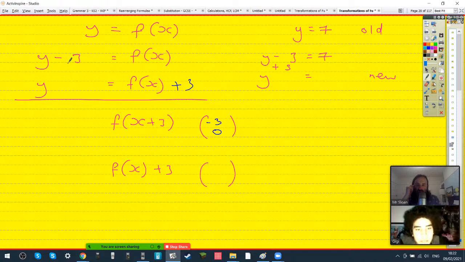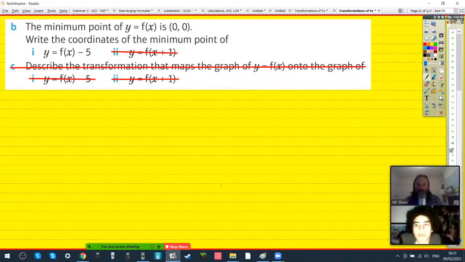This one here, y was replaced by y minus 3. What will that do? That will move it up 3. Well done. And so what would that be as a vector? Minus 3, 3. X doesn't change. Oh, X doesn't change then. Yeah. Right, let's try this one.